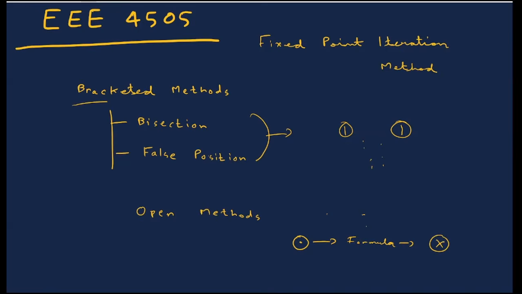In this way, after multiple iterations, we will reach a point when we can say that we have found the original root. So the first numerical method that falls into the category of open methods, we will discuss, is the fixed point iteration method.